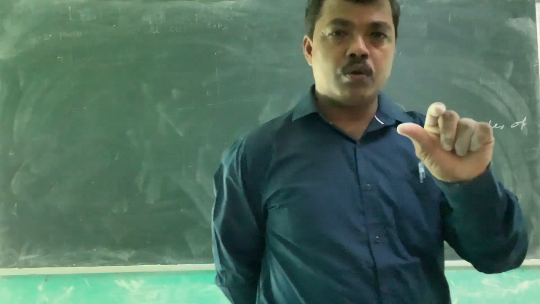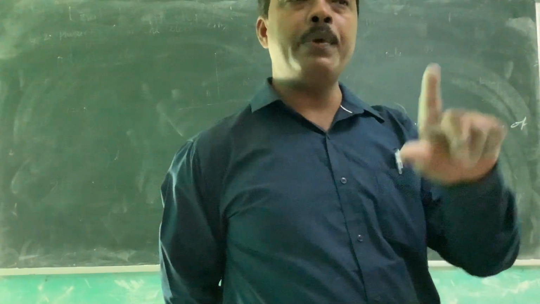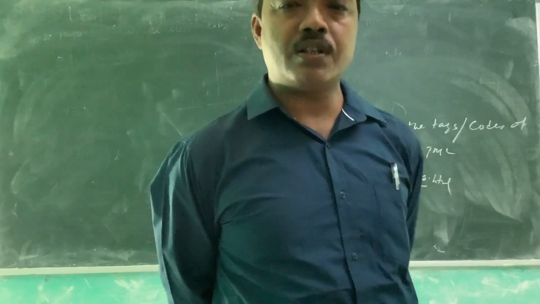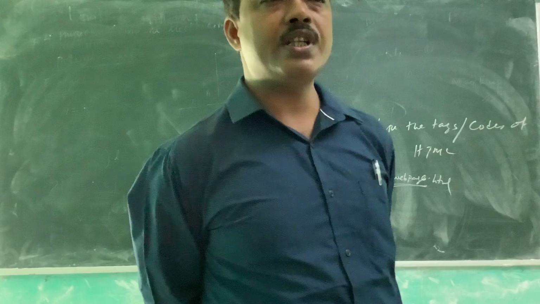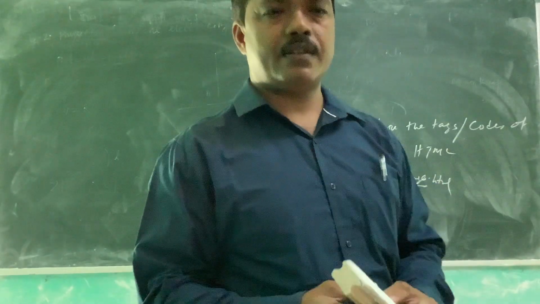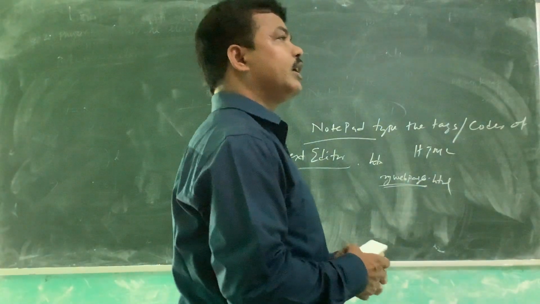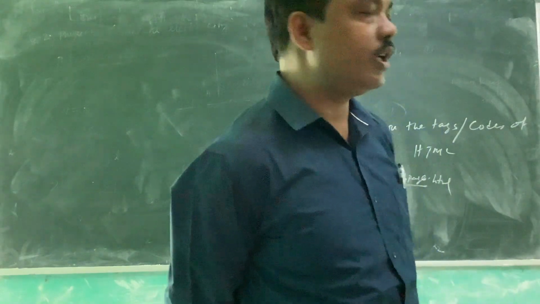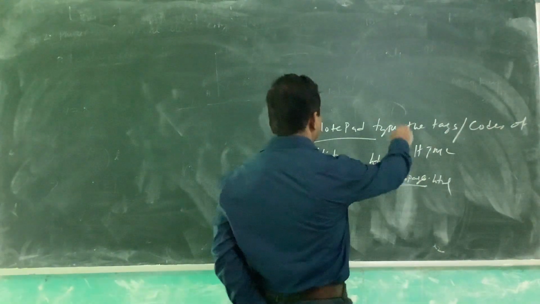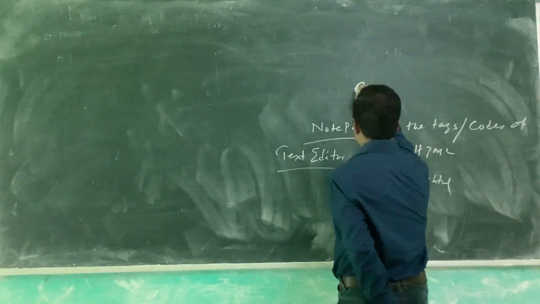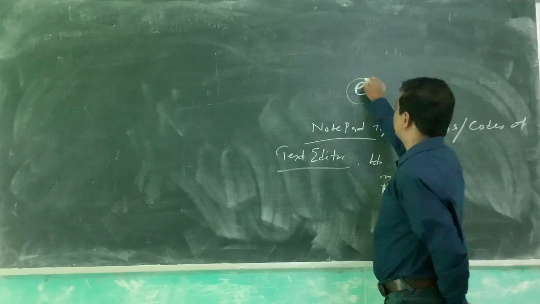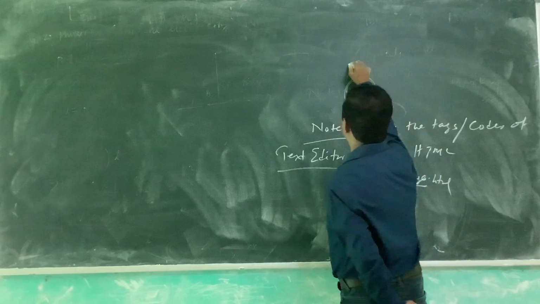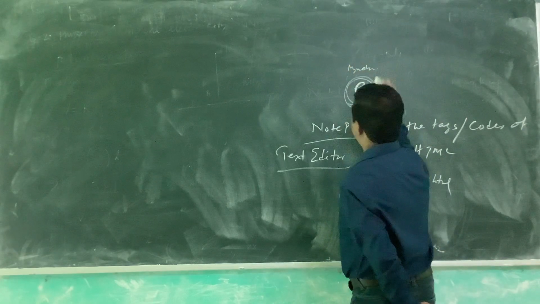If we give such extensions, you will observe this file's icon will be as per your default browser. Suppose your default browser is Internet Explorer, which is an integrated part of the Windows operating system of Microsoft Corporation, then this logo will appear and here is written mywebpage.